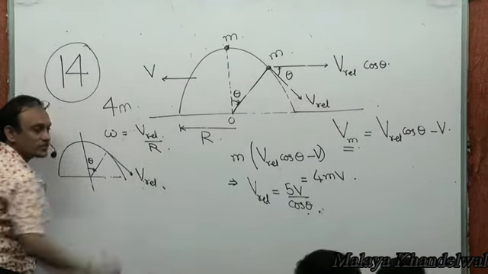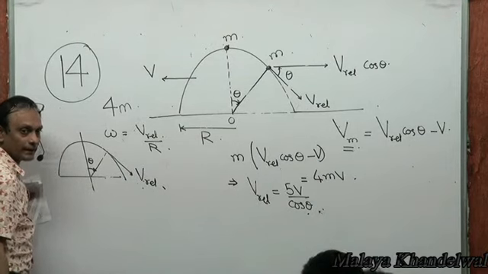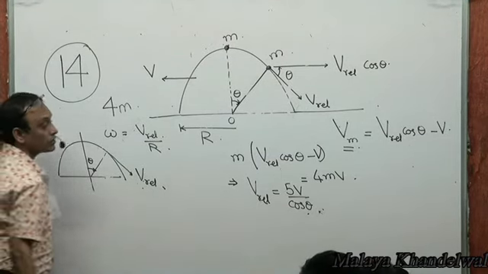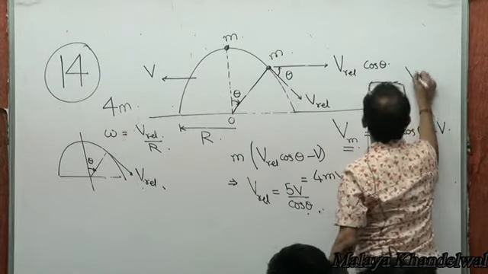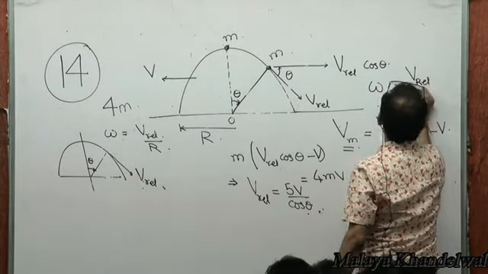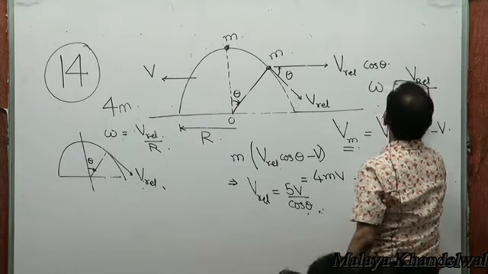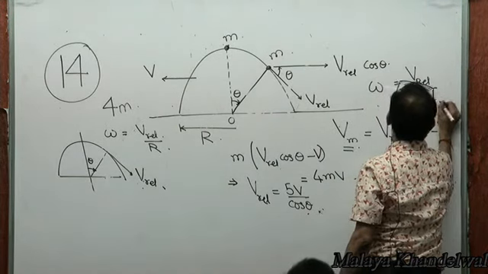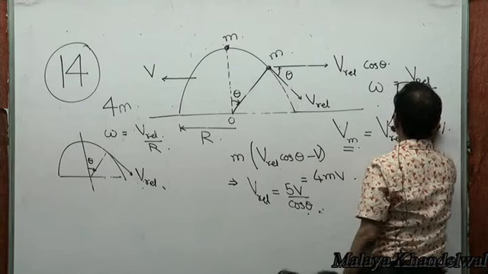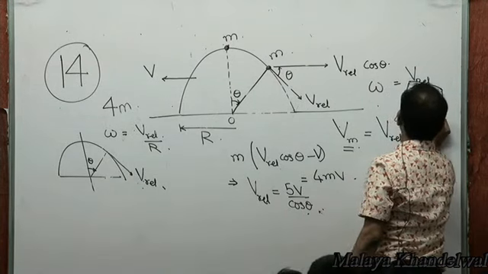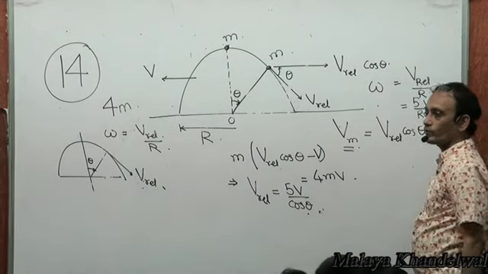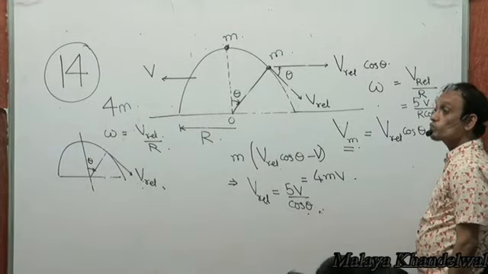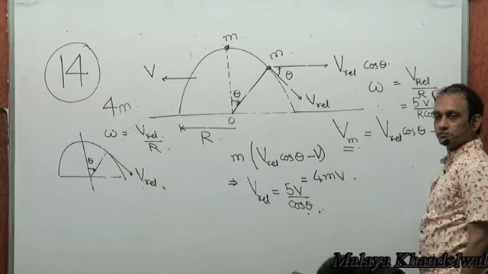So omega is vrel by r, which is 5v by r cos theta. Clear?